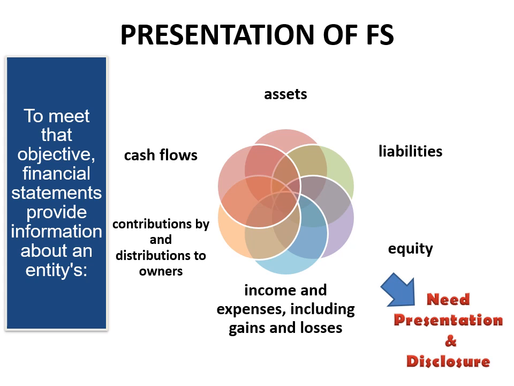So how are we able to read and understand the information provided by the financial statements? Then we need to understand how we should present the information, and how we should disclose the information. So that is why we need to talk about the first one, presentation, and the second one, disclosure.